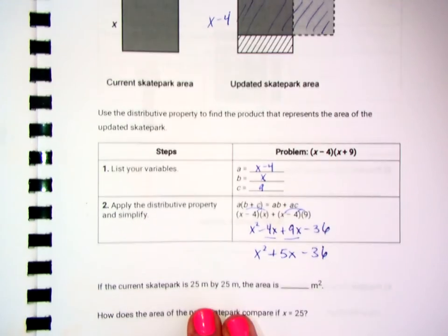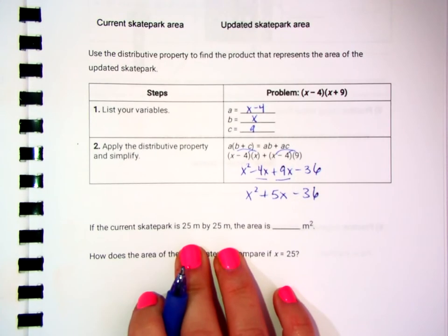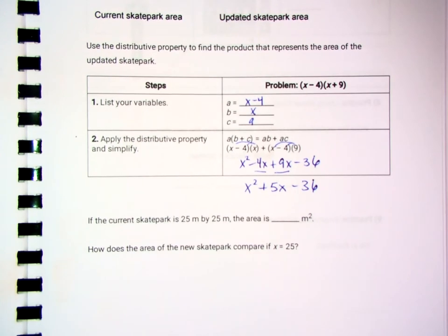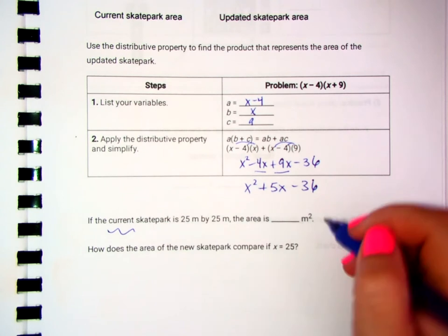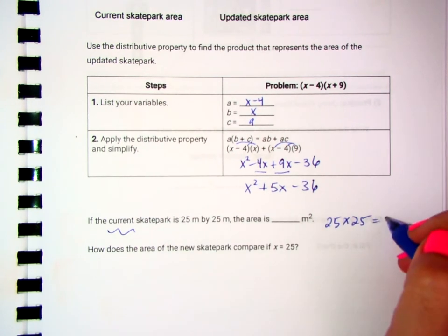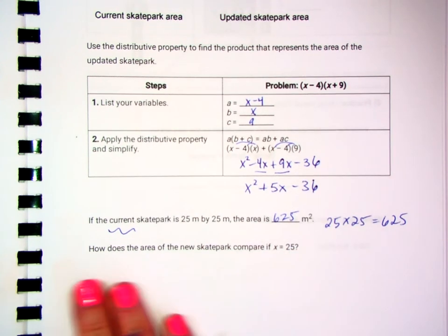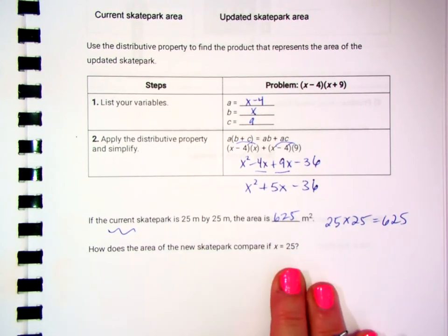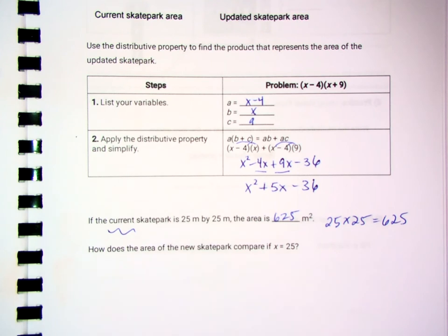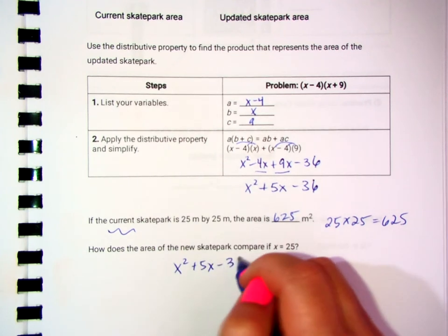If the current skate park is 25 by 25, then what is the area? Current skate park means just 25 by 25, length times width, or x times x, gives us 625 meters squared. How does the area of the new skate park compare if x equals 25? We plug into this x squared plus 5x minus 36.